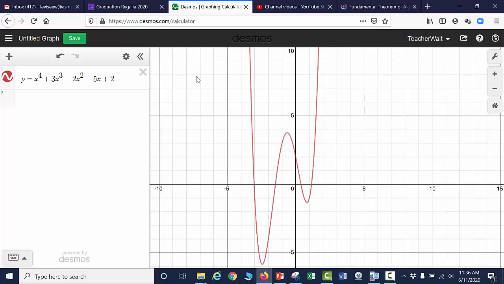What I've done here is I've put that function in Desmos, and remember what we're doing with that polynomial: we're trying to find out where it is bigger than 0. Graphically, that means where is this graph above the x-axis? Well, here it is, and we can see it's above the x-axis here, it is right there, and also over here.